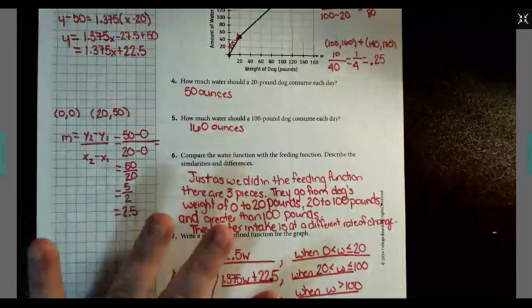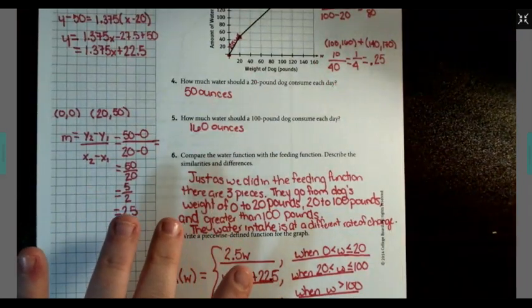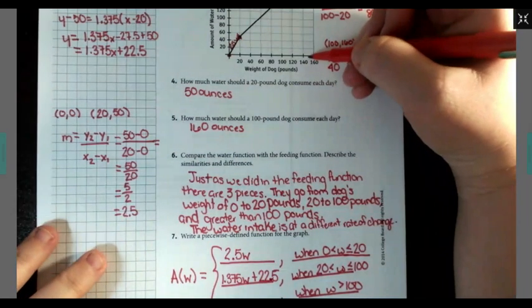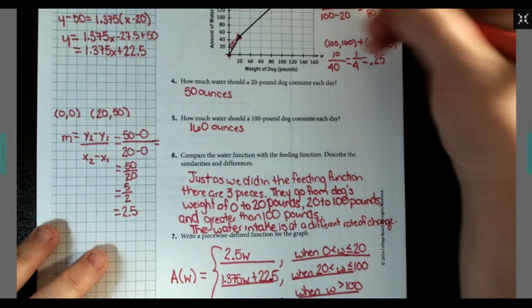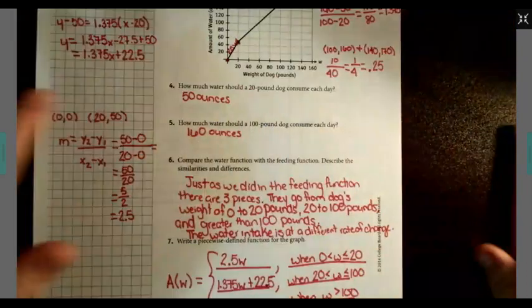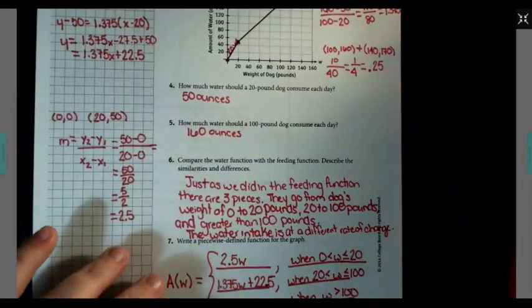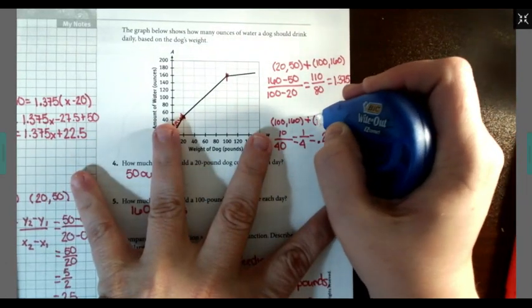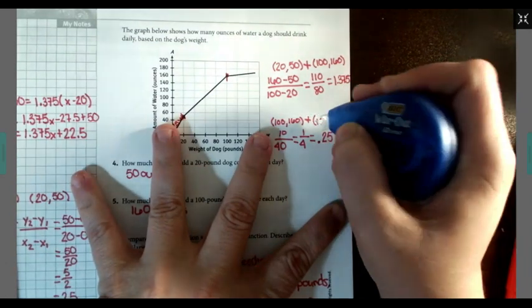Let me double check my book here. Oh, okay. That was my problem. They marked that at 150. So let me make an edit to that. This should have been 150, comma 170, not 140.